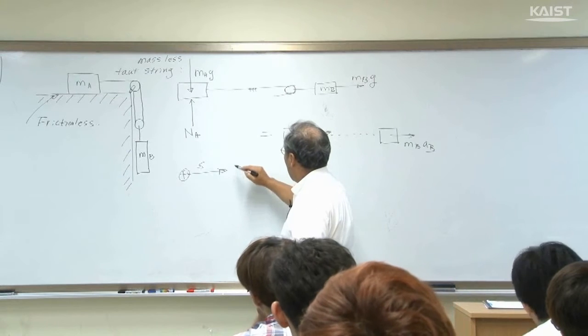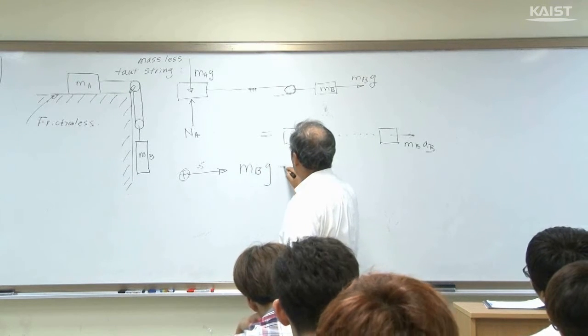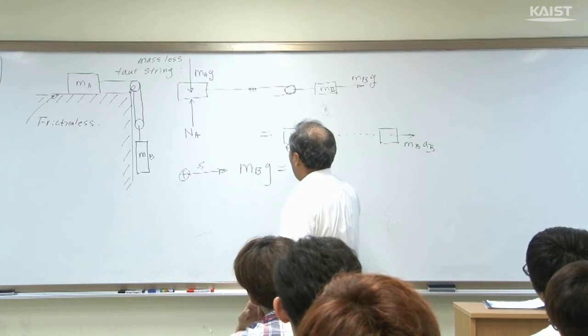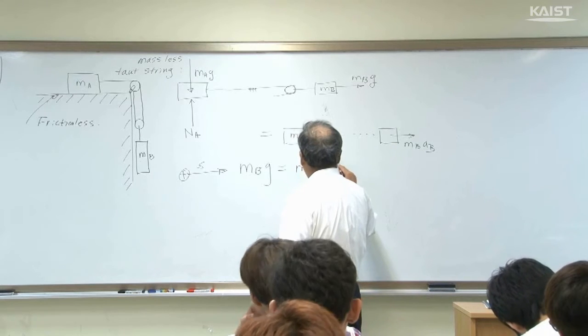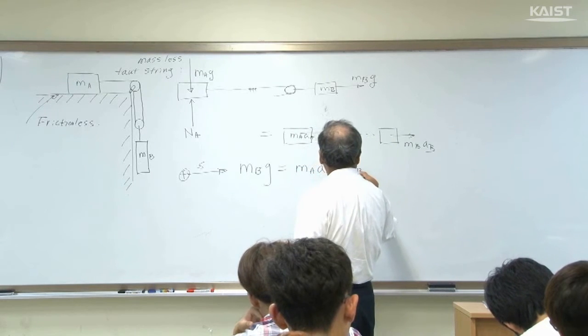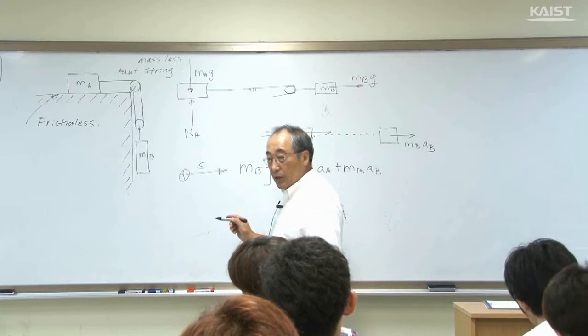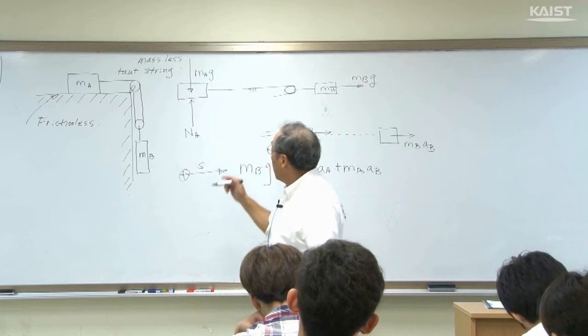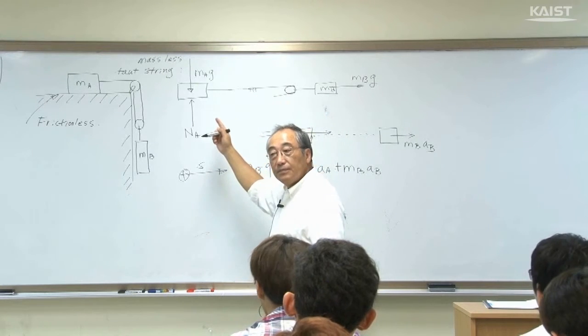So MBG has to be equal to MAAA plus MBAB.